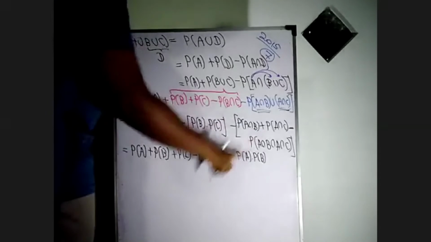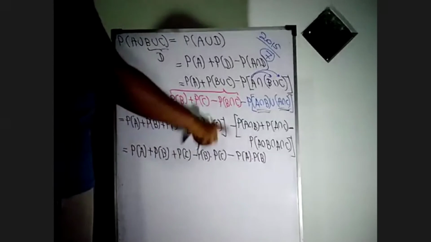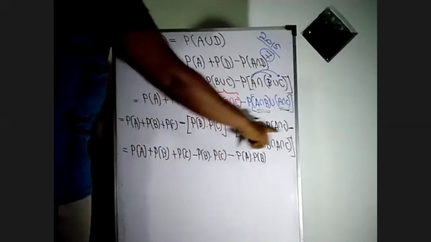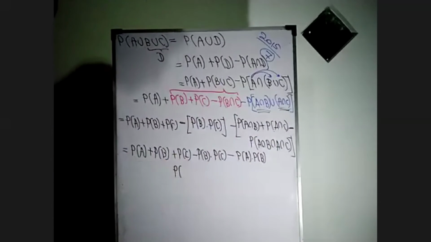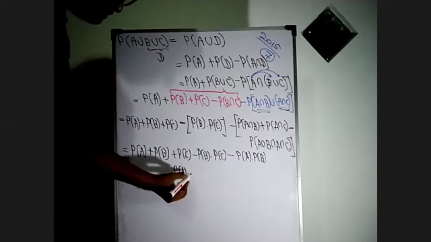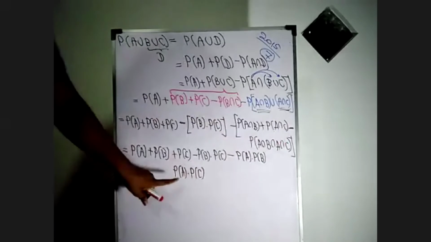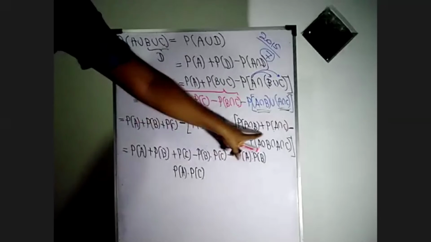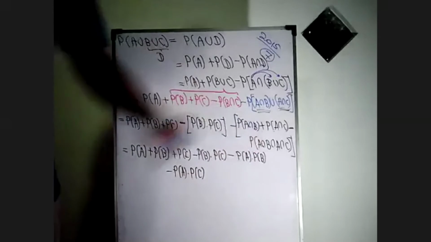For A intersect B, I can apply this product multiplied by minus. Here, again, A intersect C. Since A and C are independent, that is written as PA, PC. That is plus into minus become minus. Now what is this?